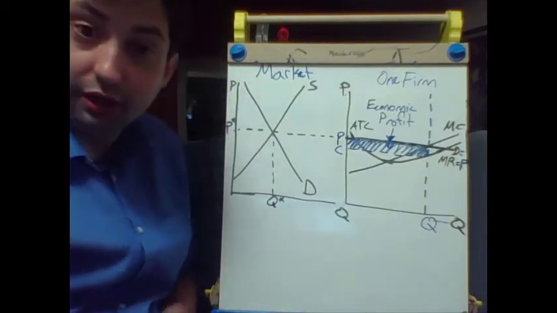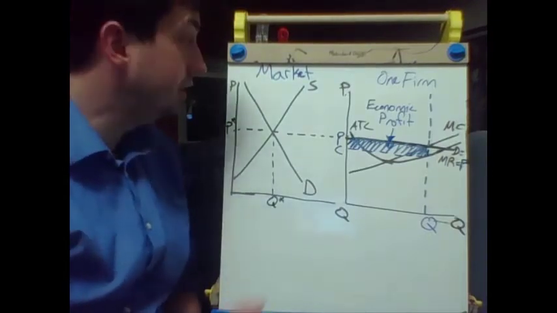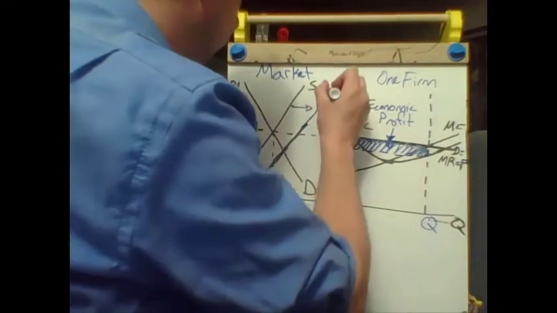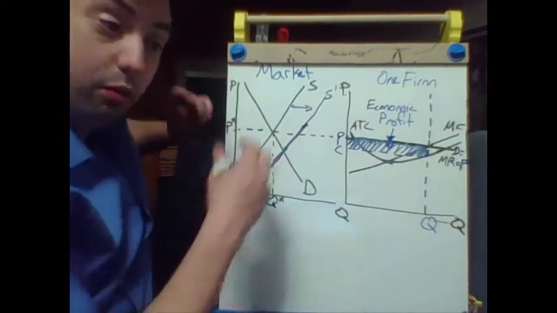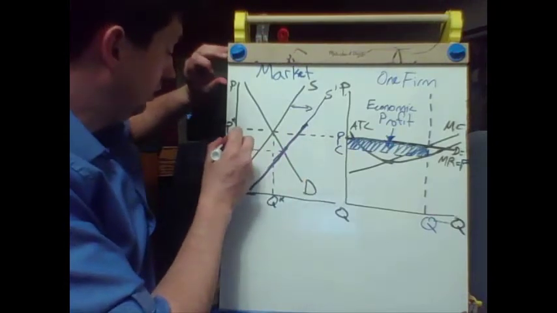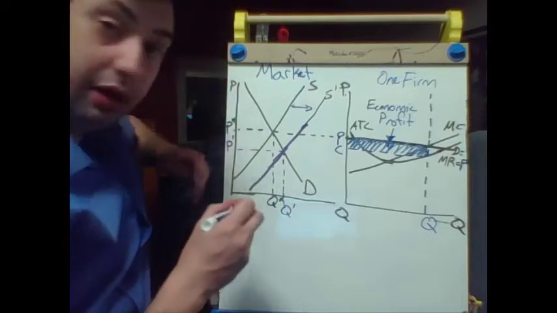And if they enter the market, the supply curve will shift to the right. That will bring prices down and quantity up.